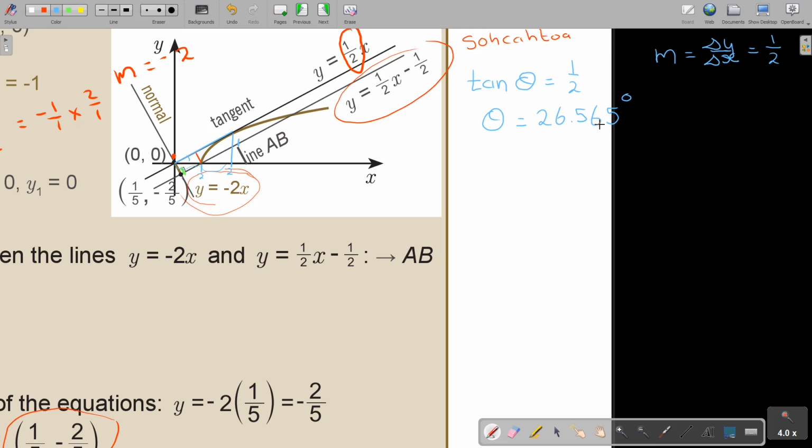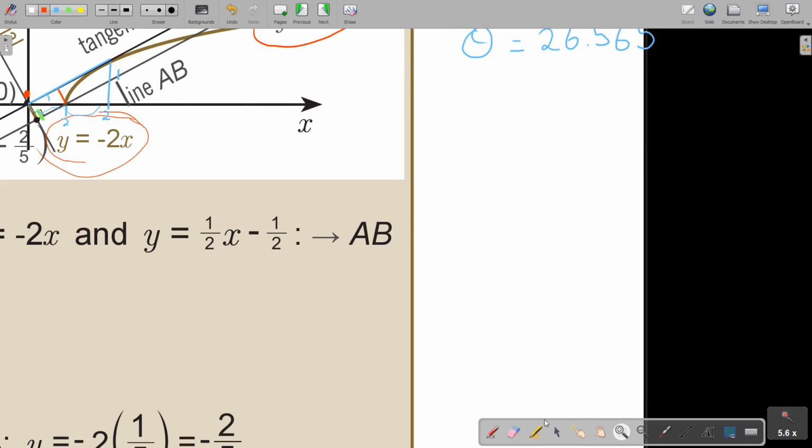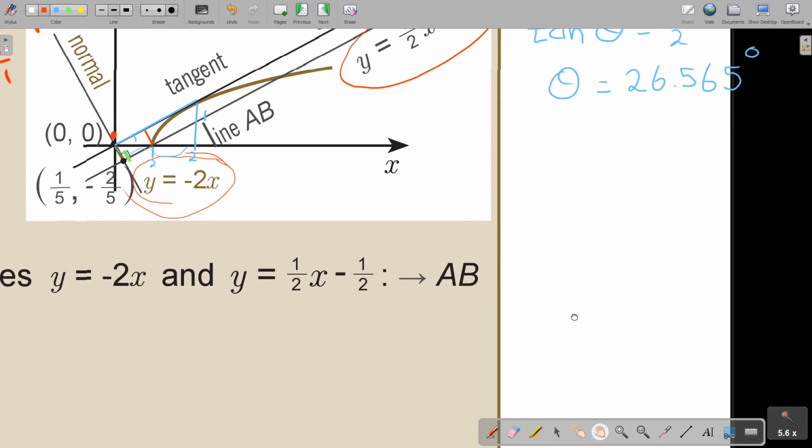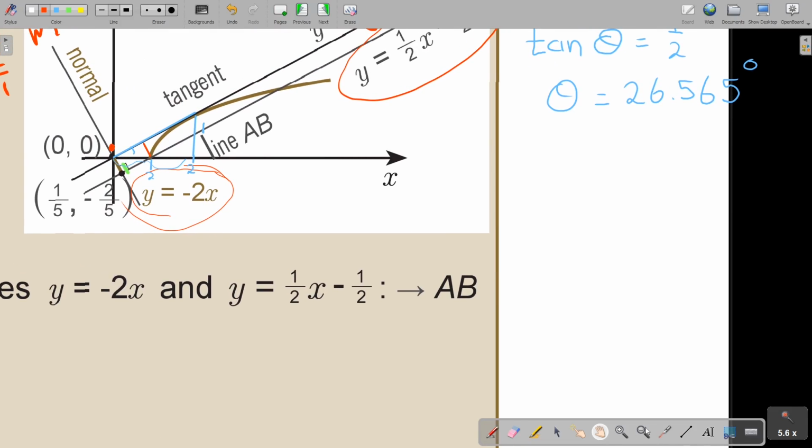Now, for this red triangle that I have here, let me first show you where my 90 degree is. In the red triangle, where will be my 90 degree? I'm going to make it even bigger.